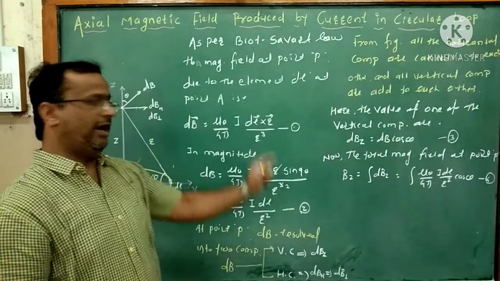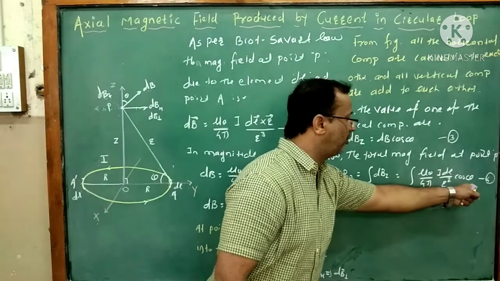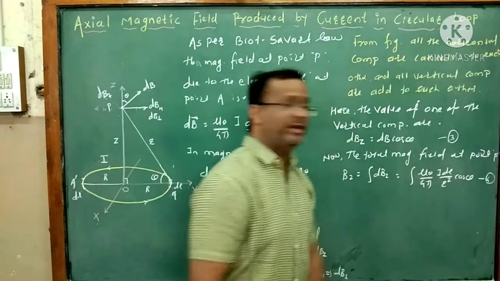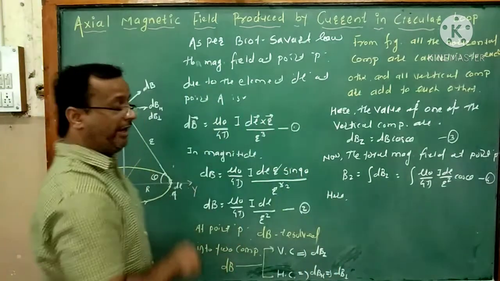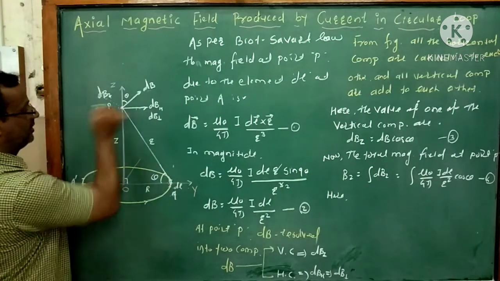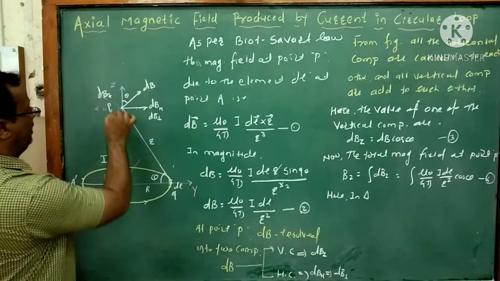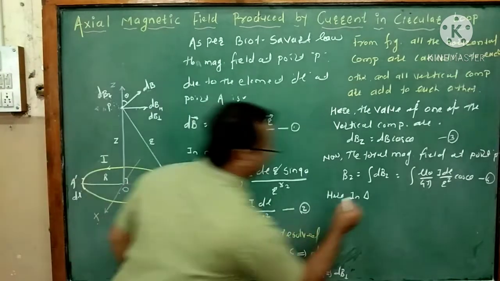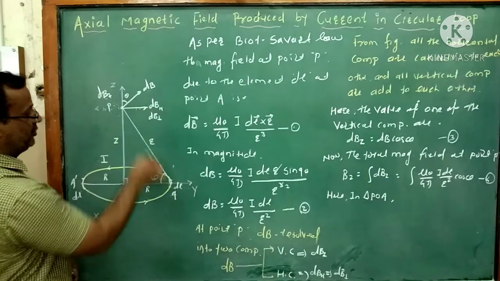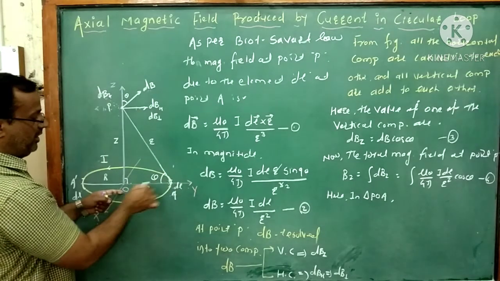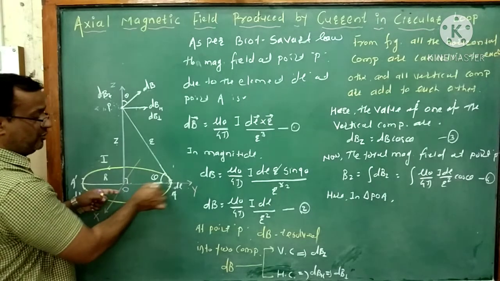Now here we want to substitute the value of cos theta and again R square. Here, in this triangle, in triangle POA, this will be the hypotenuse, and if this is the angle theta, then this will be the opposite side and this will be the adjacent side.